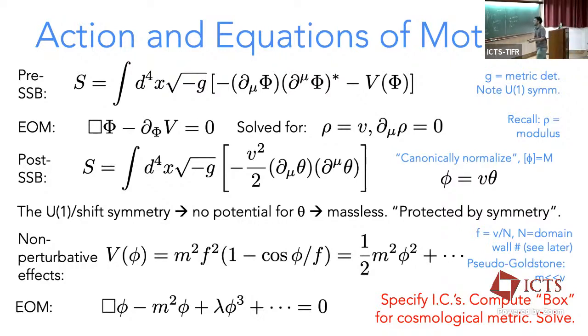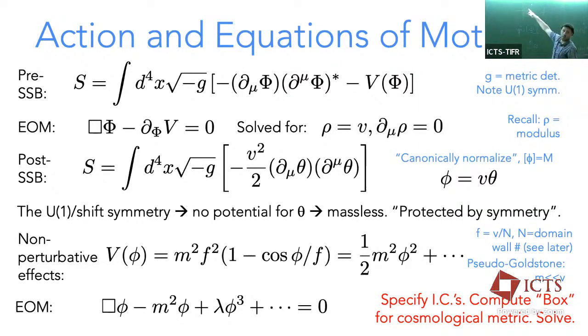Oh, right. So think about the complex plane. I've said that phi, the complex field, is equal to v, it's taken its vacuum expectation value, e to the i theta.